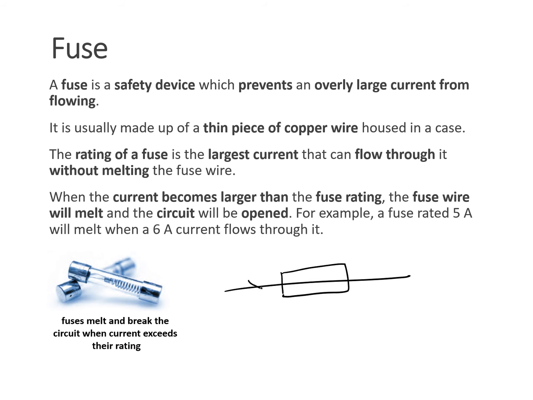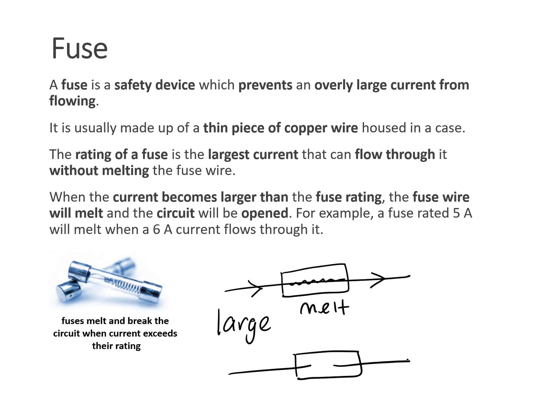So if the current is a normal current, okay, not too large, the current will just flow through, no issue. But if the current is very large, then it will make this wire melt. So when this wire melts, what happens is you get a circuit that is broken.